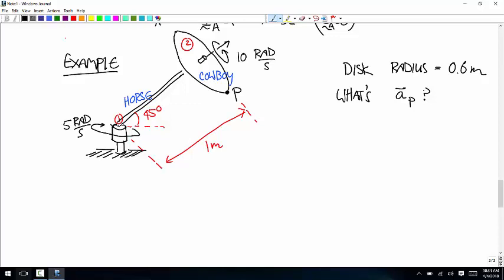Now we have to choose an orientation for the coordinate system and a location for the origin. Might as well choose an orientation that goes like this. Then this one's just rotating about the x-axis.